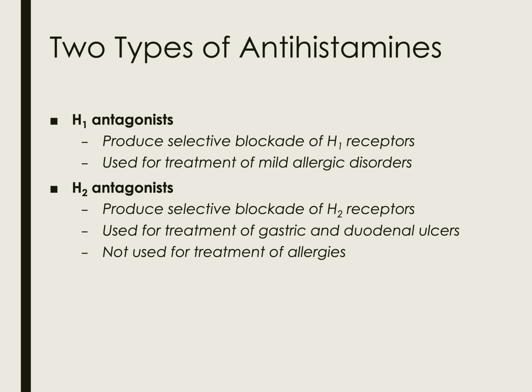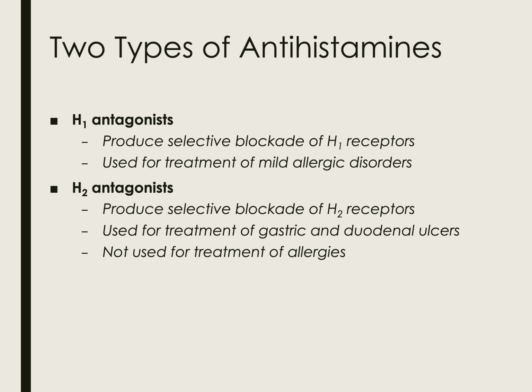We can further break down histamine antagonists into two subtypes. We have the H1 antagonists, or H1 blockers, and we also have the H2 antagonists, or H2 blockers. If we are looking for an H1 blocker, we are primarily trying to produce a selective blockade of the H1 receptor. And the same is true with the H2 antagonist. We're producing a selective blockade of H2 receptors.